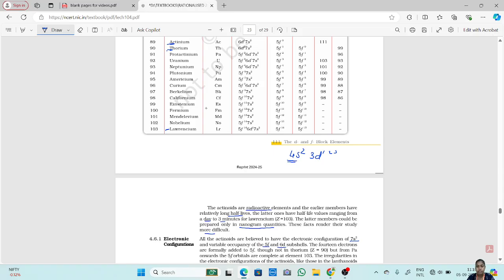Here 7s2 is fixed, so everywhere you can have a 7s2 orbital filled. The variable occupancies are of 5f and 6d. Here you can see 5f2 6d1, 5f3 6d1. So 5f is the one which is filling up, along with 6d.